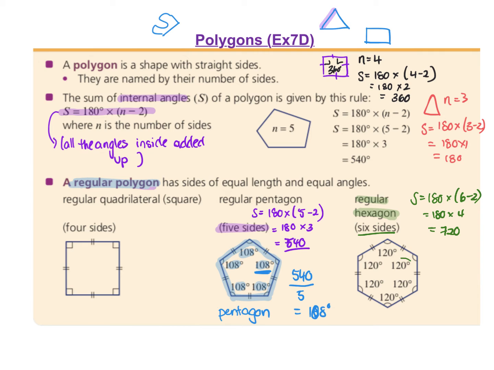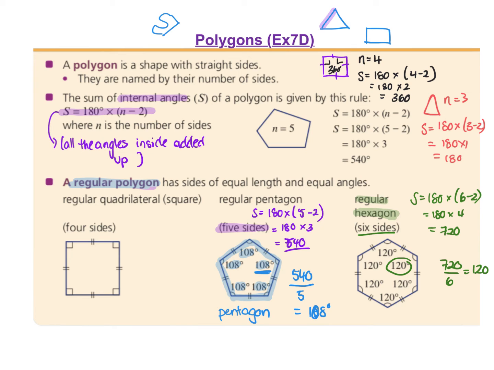And then to find this one, because it's 6 even sides, they know it's 6 angles, so they just did 720 divided by 6, and they worked out that it was 120 each, okay?